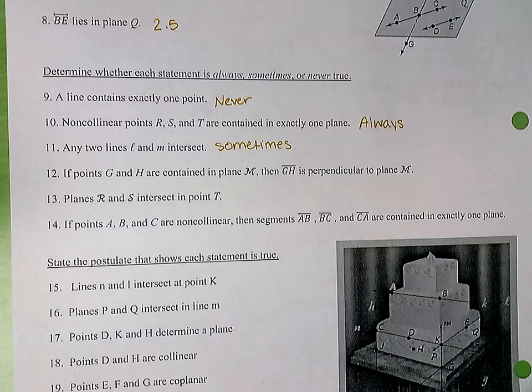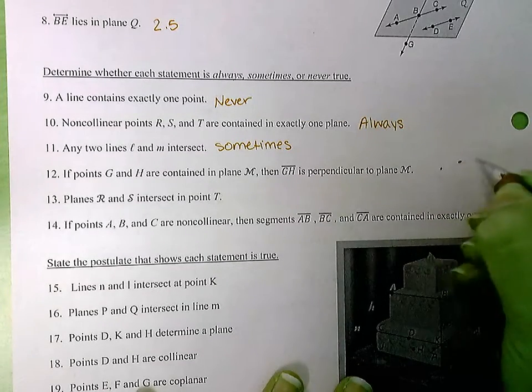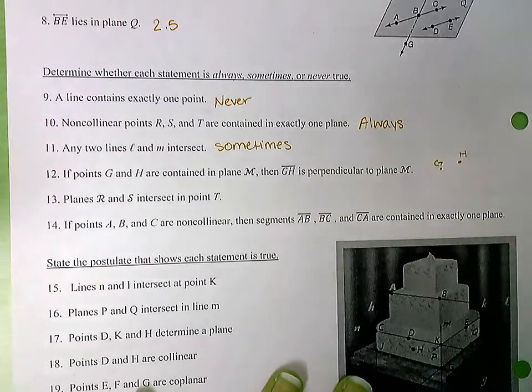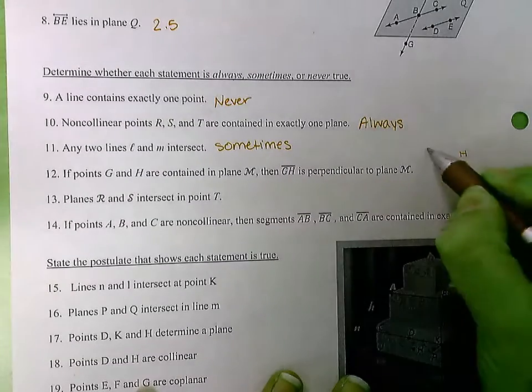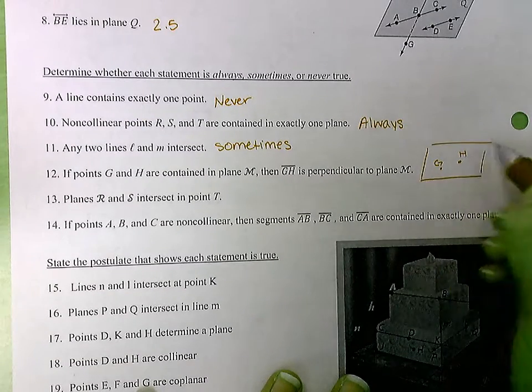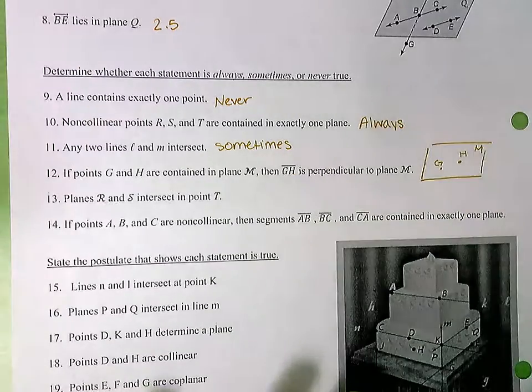Number 12, if points G and H are contained in plane M, then segment GH is perpendicular to plane M. So if you have 2 points, G and H, they're in this plane M, right?